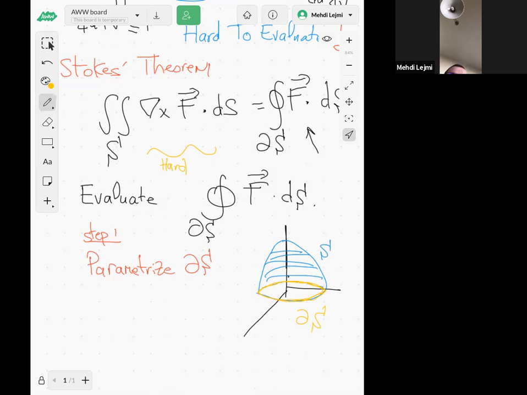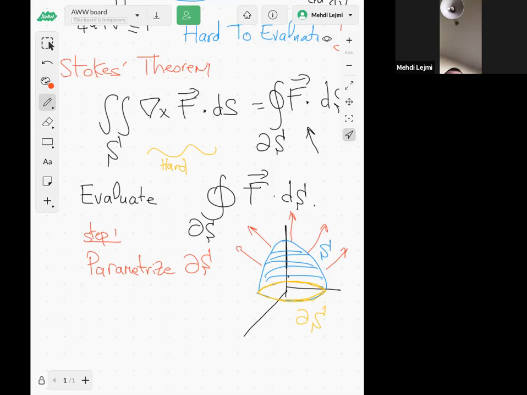Now, guys, because you're using Stokes' theorem, we have to make sure that the orientation of the boundary is consistent with the orientation of the surface S. The surface S, we said, is oriented by this normal with non-negative k component, so the direction of z is positive, right?